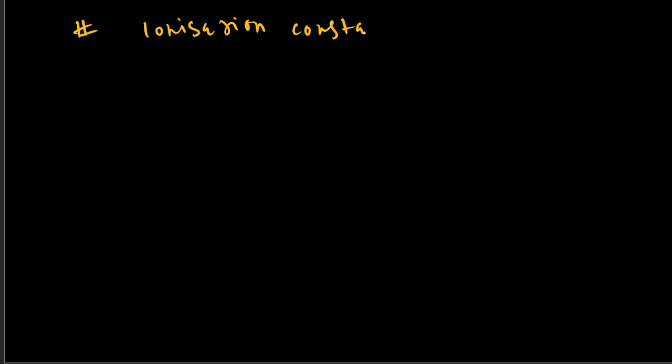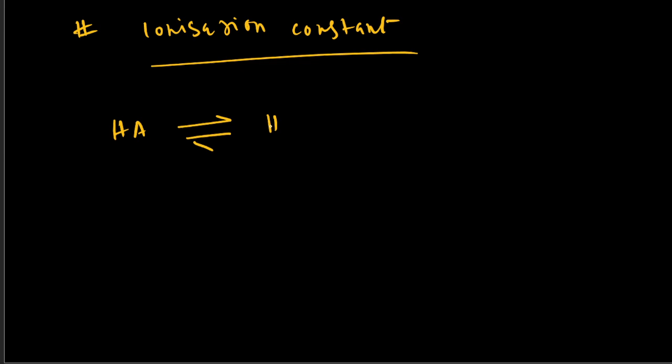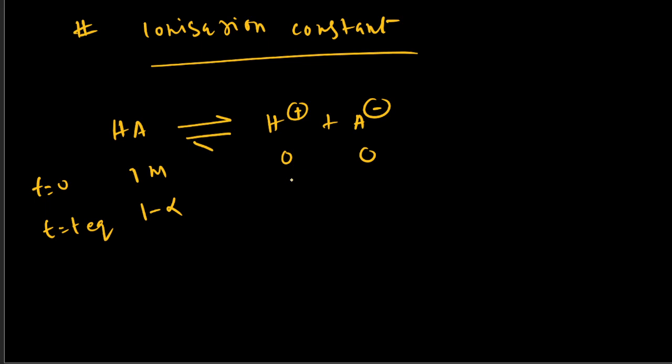Next we will study the ionization constant. We already studied that HA is an acid, so this will give H plus and A minus. At T equal to 0, suppose 1 molar is there, then the products are 0 and 0. At T equal to T equilibrium, alpha has been consumed, so 1 minus alpha remains and alpha will form.